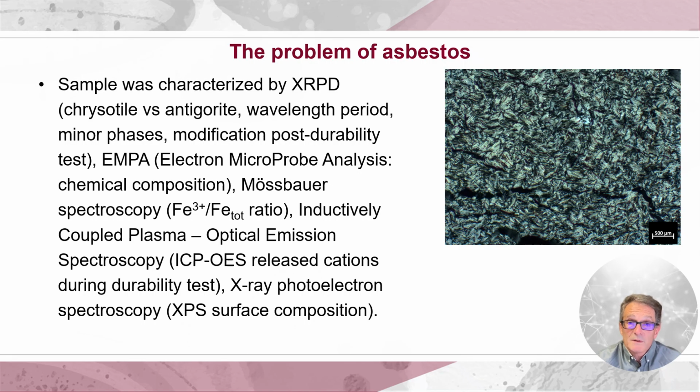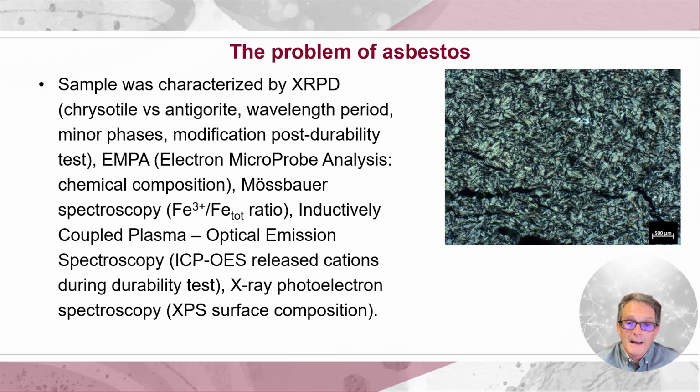The sample was characterized using laboratory X-ray powder diffraction to distinguish between chrysotile and antigorite, to determine its wavelength period, to detect any minor phases, and to identify possible structural modification after the durability test.